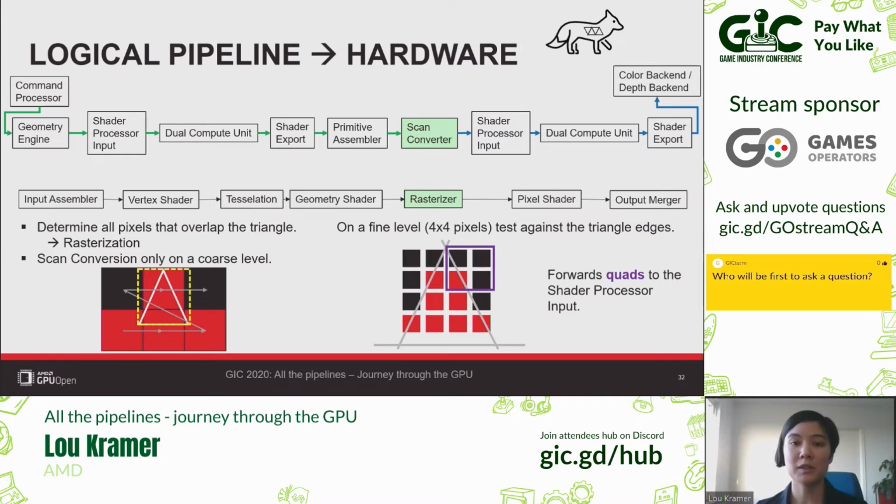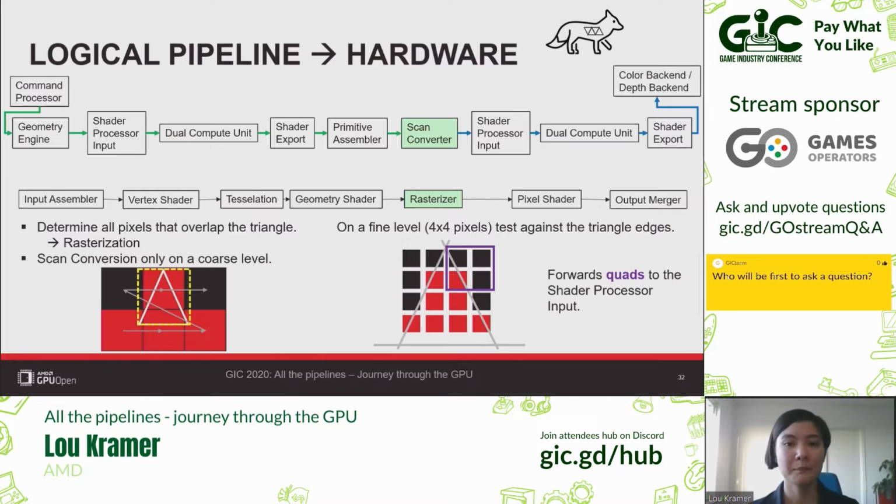And then for every 4x4 block that actually overlaps with the bounding box of this triangle, we go one level lower and test against the actual triangle edges. And then every pixel gets marked as to whether it is overlapped by the triangle or not. And then again, we group pixels now in quads, so 2x2. And as long as one pixel is overlapped by the triangle, we send the whole quad to the shader processor input.